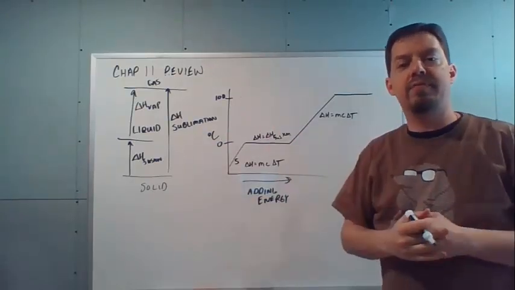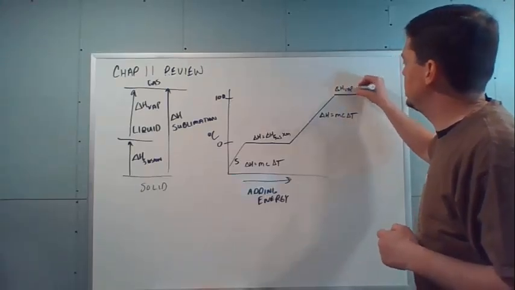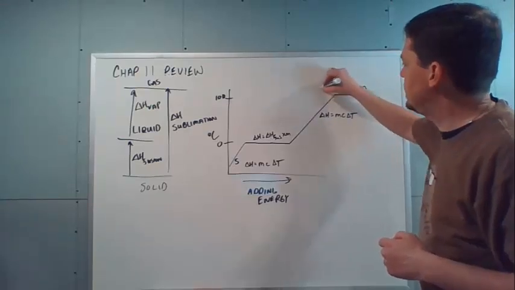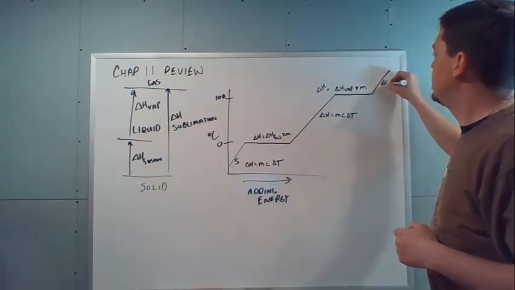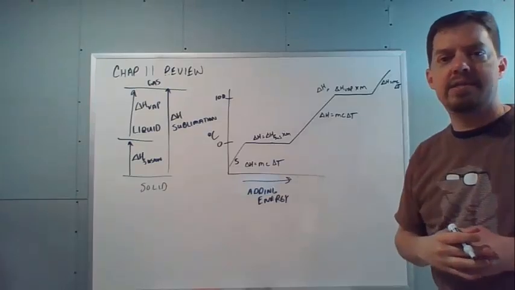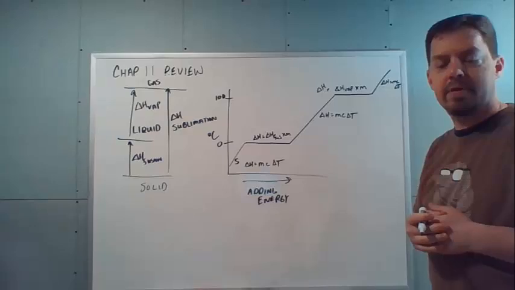We're giving them complete freedom of motion. And so this is where our delta H of vaporization comes in, times the mass is equal to our delta H. And then once it completely vaporizes, then you could do MC delta T again, because now you are adding that energy and it's allowing the gas to move faster and much more rapidly.